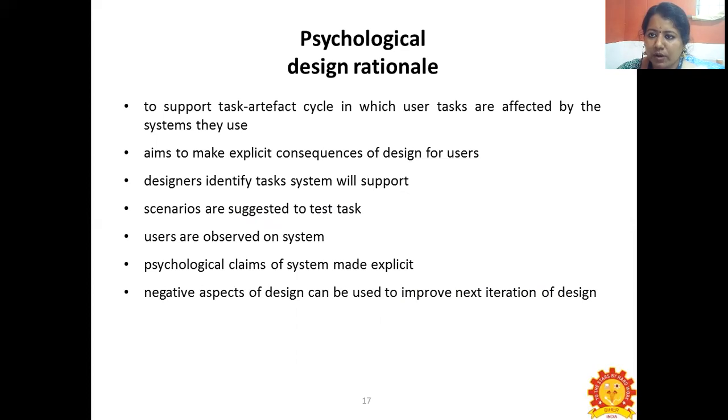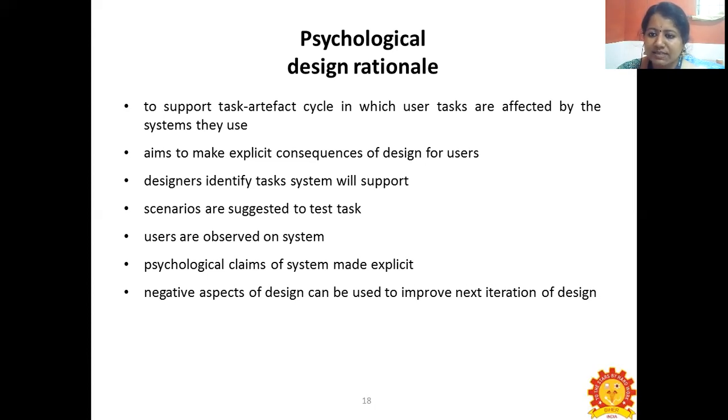Next, we are going to see psychological design rationale. Psychological design rationale is used to support the task artifact cycle, in which the user tasks are affected by the systems they use. Its main aim is to make explicit the consequences of the design for the users. Here, the designers identify the tasks the system supports.